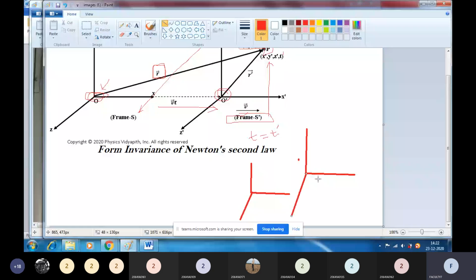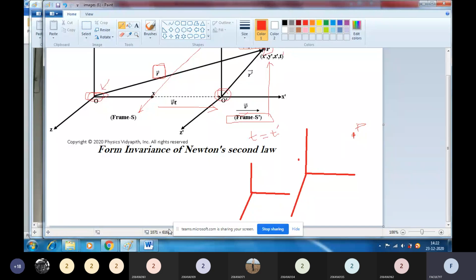So the frame has moved along y and also some z direction, and from both the frames, let us consider a common point. We are going to observe a common point here. Consider this as point P.